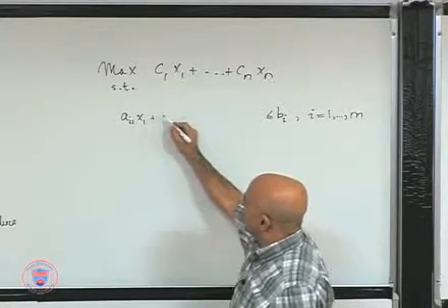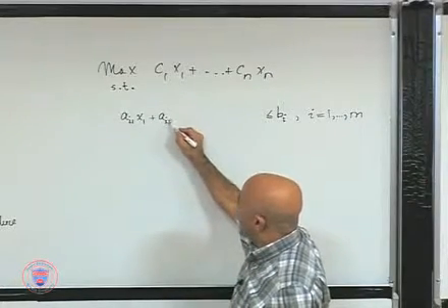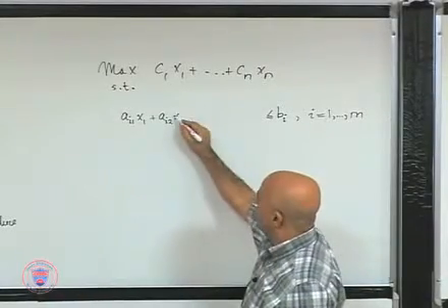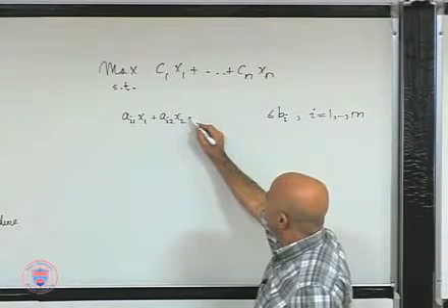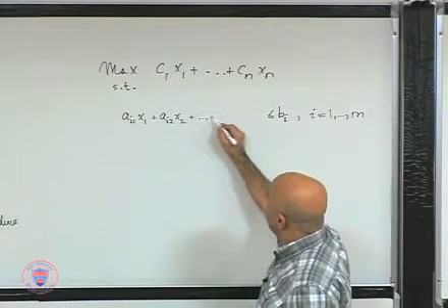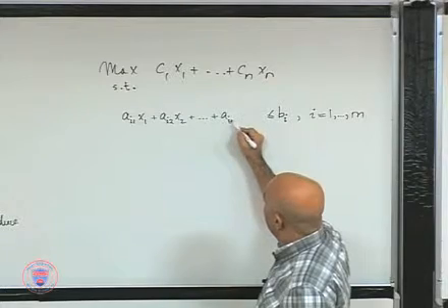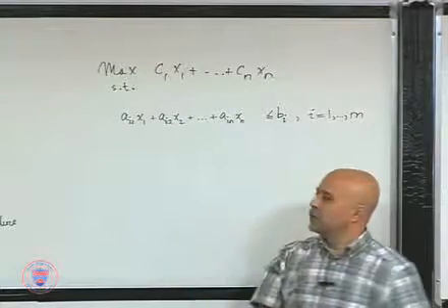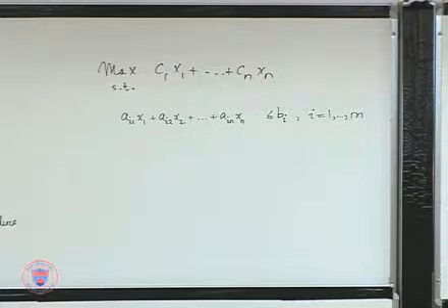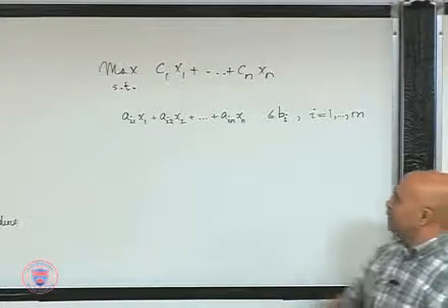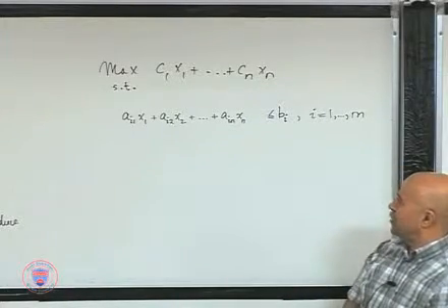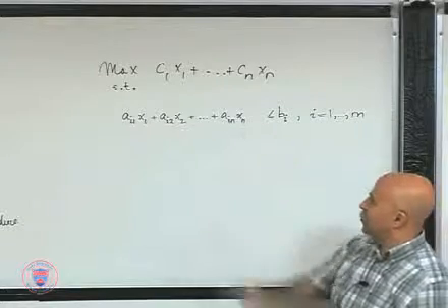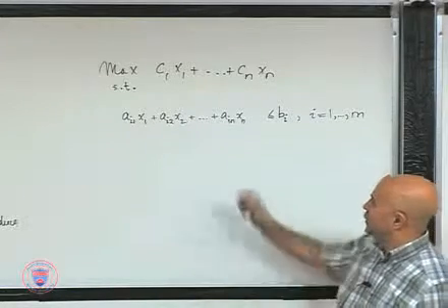The second product will consume AI2 per unit, but then you produce X2 units, so that's the total that comes from that portion, etc. So each one gives you that. Some of these AIJs could be 0, in which case, of course, nothing is consumed, and such XJs will not contribute towards the left side.